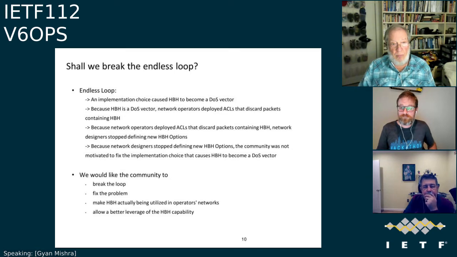Break that loop, fix the problem, and make HBH viable with processing and feasible solutions such as Bob Hinden's draft, with the limit on the number of HBH options, and other solutions that may be out there. That makes HBH options a viable solution that can be utilized by operators in their operator toolbox, and allows better leverage of the HBH capability. Next slide.